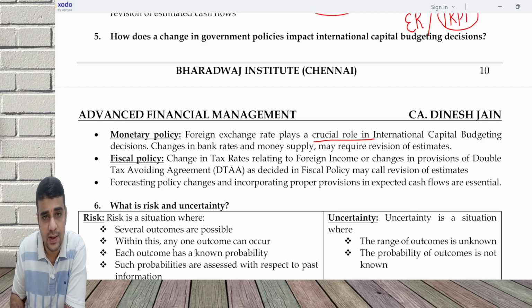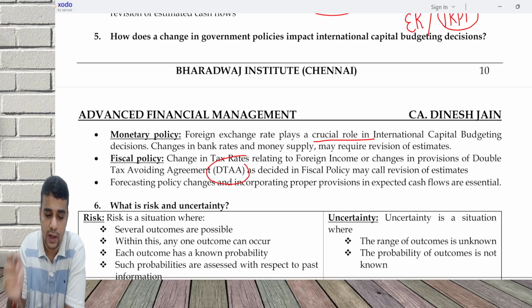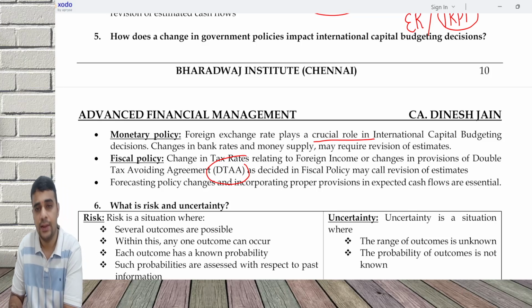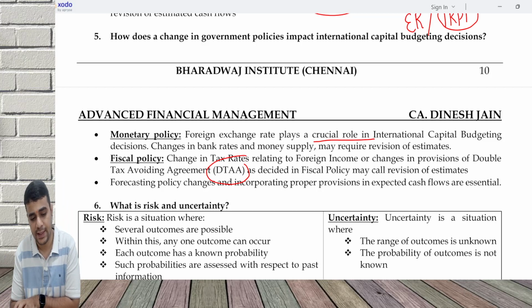Changes in tax rates, which is your fiscal policy, can also impact my cash flow. Here, it is not only the tax rates determined in India; it may also be because of the DTAA provision. So you'll also have to look at what is there in the double taxation avoidance agreement. That will also lead to revision of estimation.